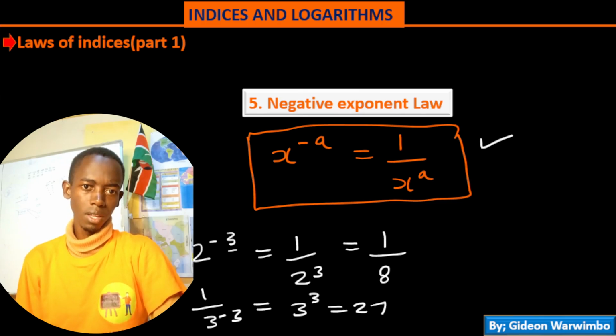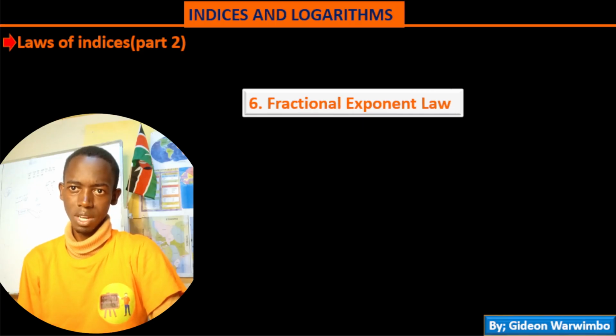And finally, the final formula that I wanted you to really understand is this one that we have here, that is the fractional exponent law. There are some cases where you are likely to get different numbers.